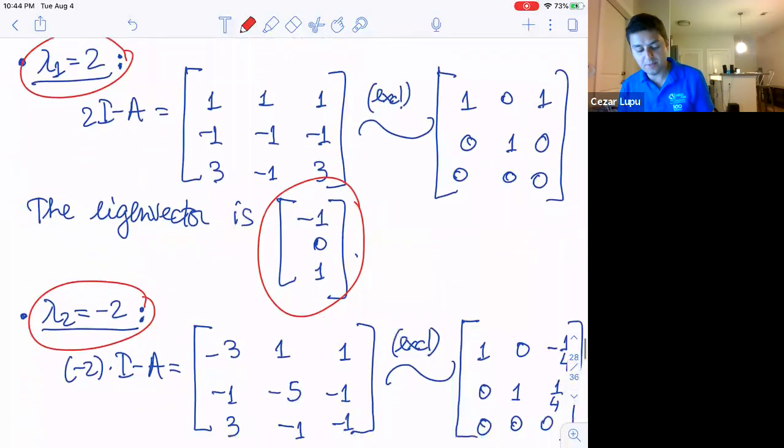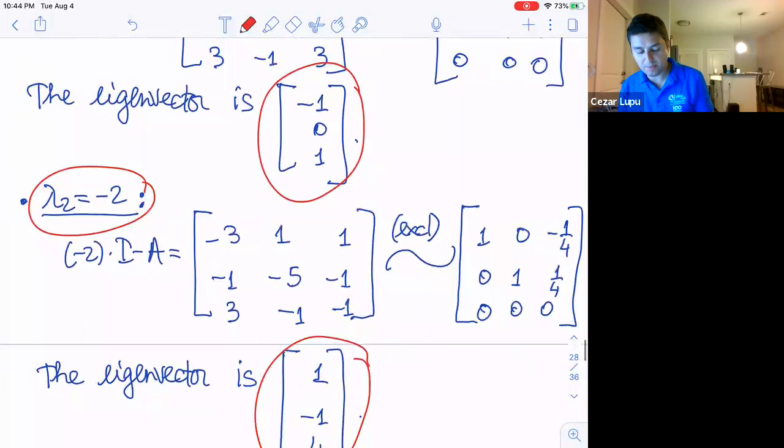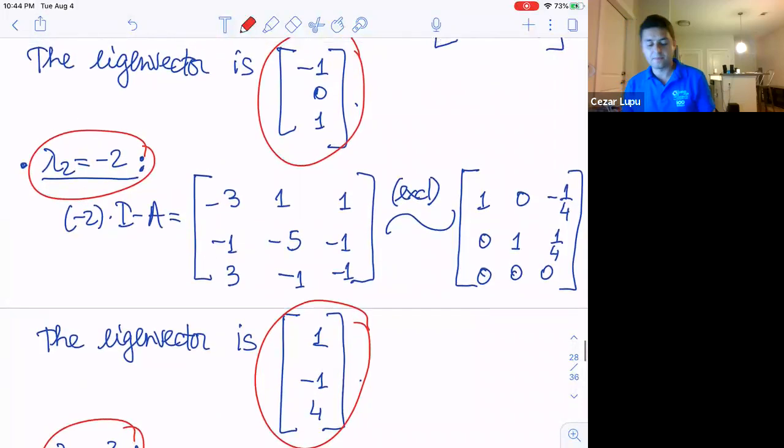Then the exact same story will apply for the second eigenvalue, lambda 2 equals negative 2. We will have negative 2 times the identity minus A, which will look like this: negative 3, 1, 1, negative 1, negative 5, negative 1, 3, negative 1, negative 1.